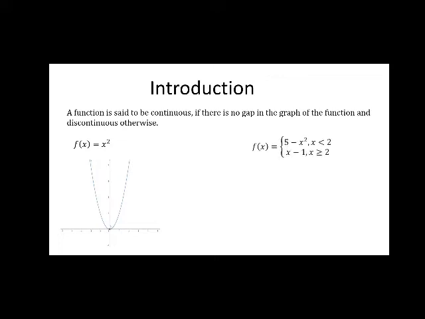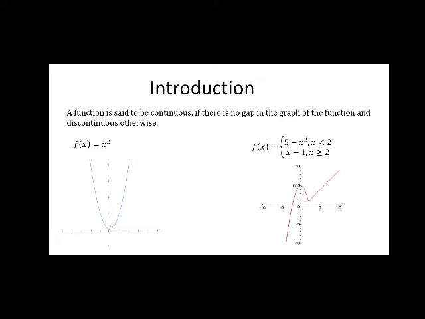Similarly, if I take another example, that is f(x) is equal to 5 minus x square when x is less than 2, and x minus 1 when x is greater than or equal to 2. So now if I look into the graph of this function, we can see this function is also having a continuous graph without any gap in between.